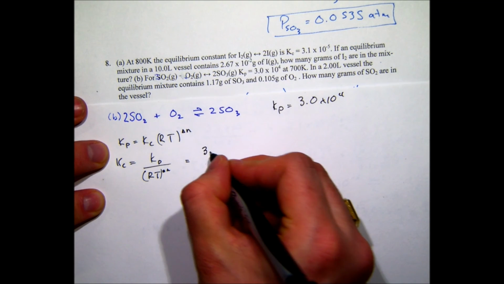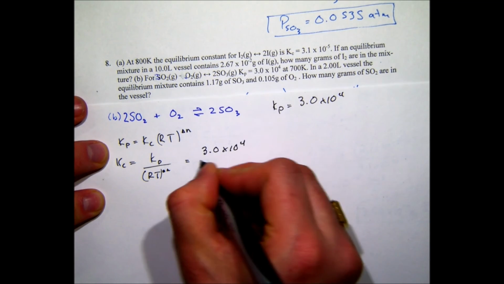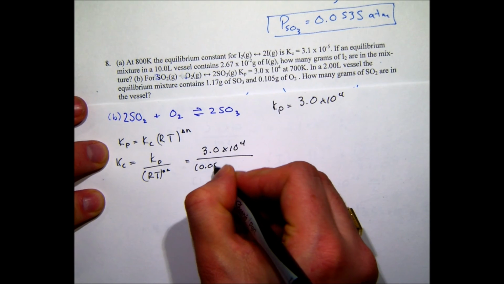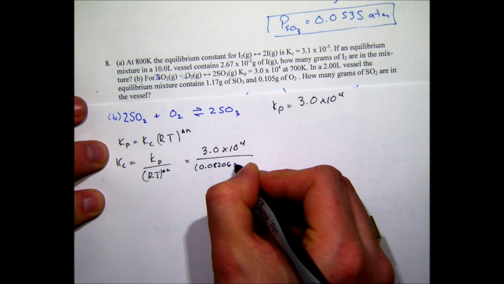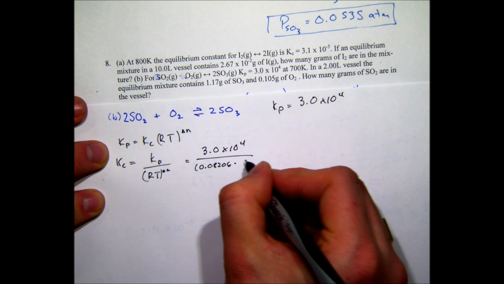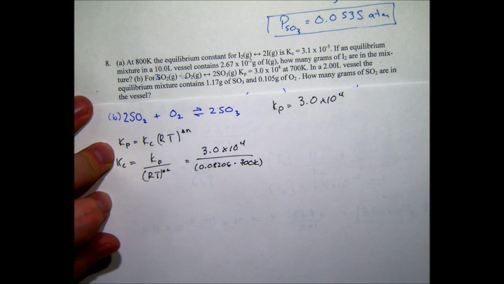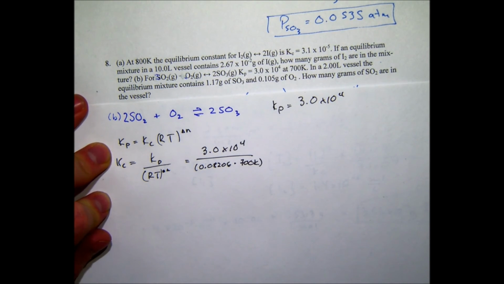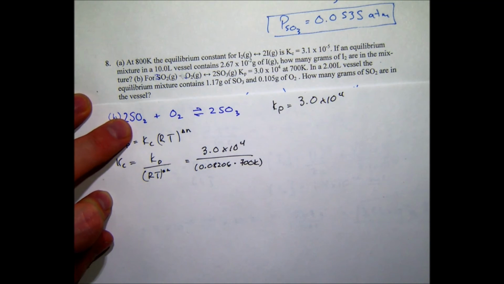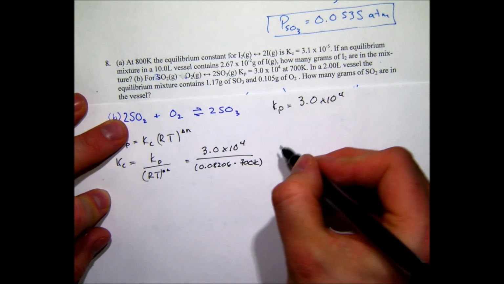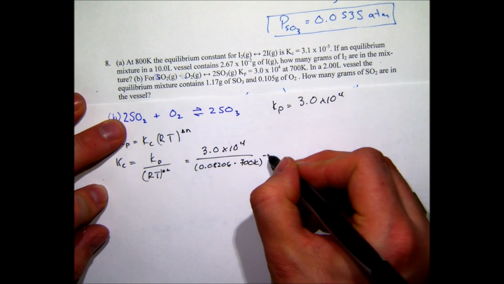Kp is 3.0 times 10 to the 4. And we now just need to solve for our delta n. We're going from 3 moles, 2 moles of SO2 and 1 mole of O2, to 2 moles of SO3. So we're going to have a negative 1.